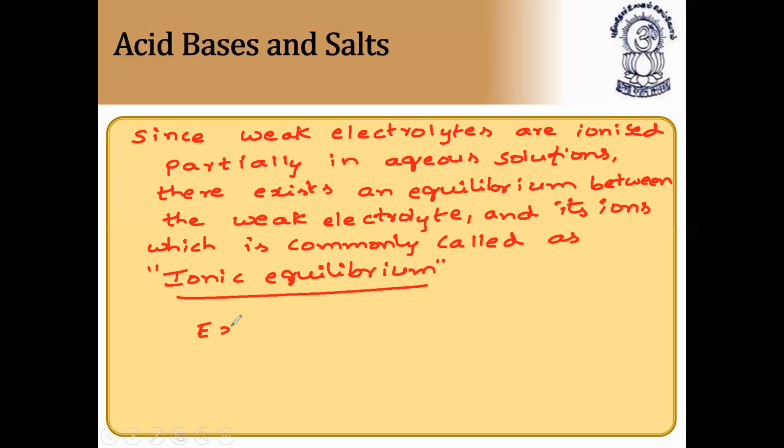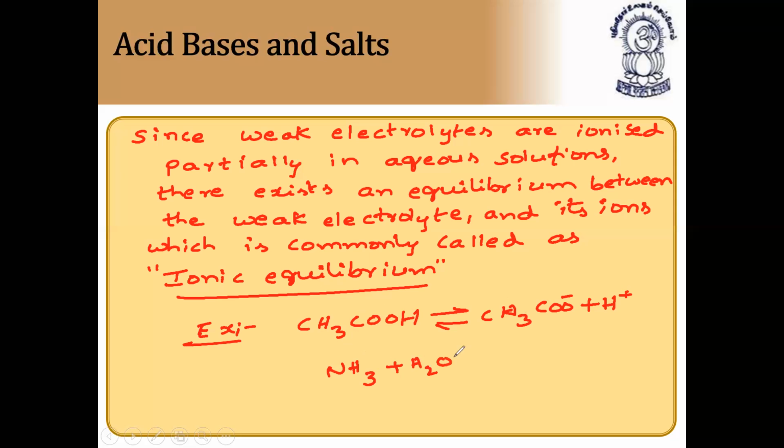Example: when you take acetic acid, a weak acid, in water, acetic acid dissociates to form acetate ion and H plus ion. The same holds for a weak base. When you dissolve ammonia in water, it forms ammonium ions and OH minus ions.